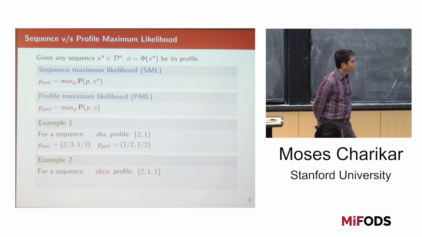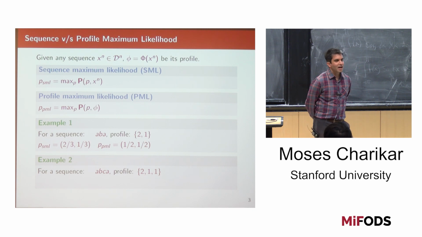Notice that I didn't say this, but I'm not actually constraining the size of the domain when you try to maximize the profile maximum likelihood. So even though I had only 3 elements that I saw in my sample, I'm not saying that you have to have only 3 elements in your distribution.